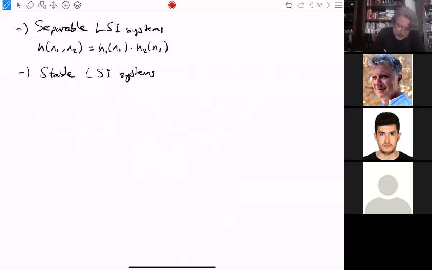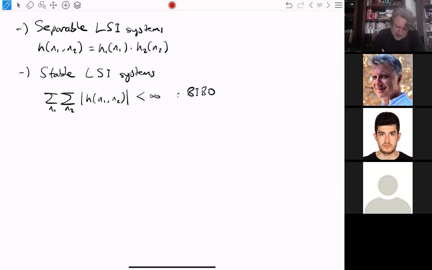We will just say that if the point spread function h of n1 and n2, in absolute values summed up for all n1 and n2, is less than infinity, we will say it is bounded input, bounded output, BIBO stable.